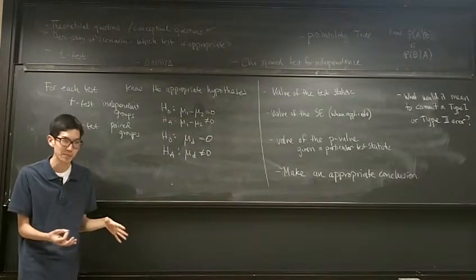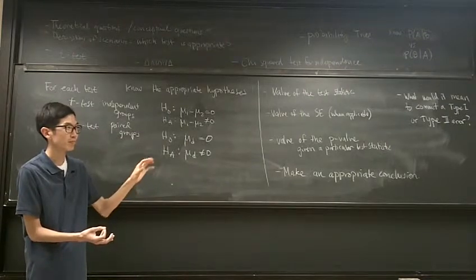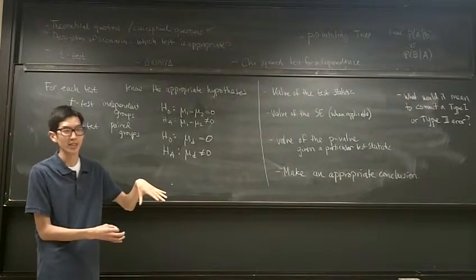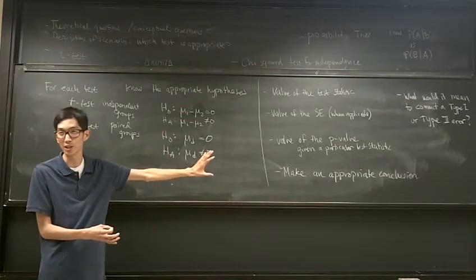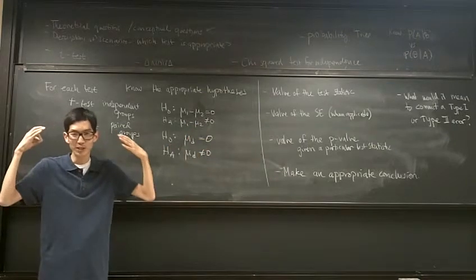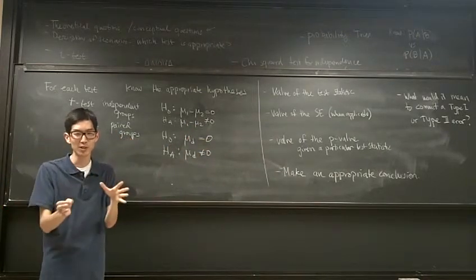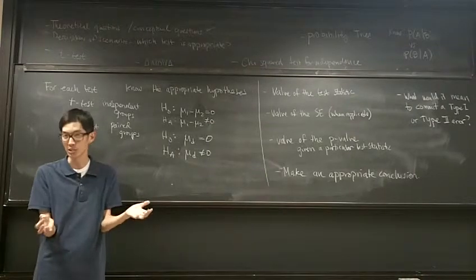Because sometimes when we make our conclusion, we can go through the process and reject the null hypothesis, and that's fine and all. But then for whatever reason, I've noticed students get the interpretation of rejecting the null wrong.